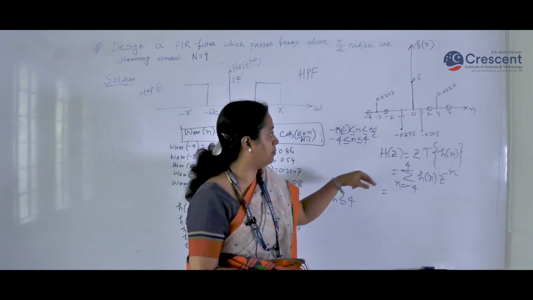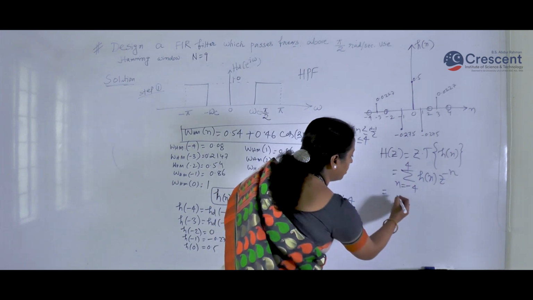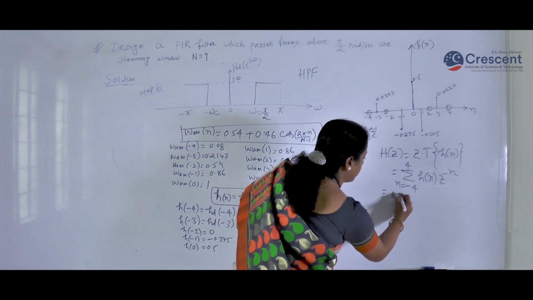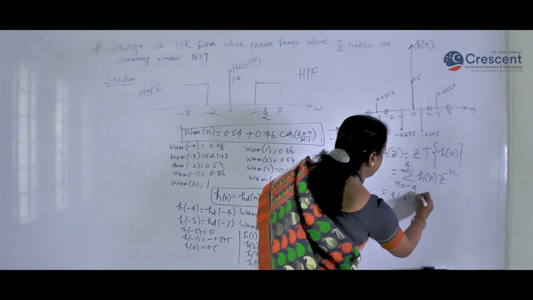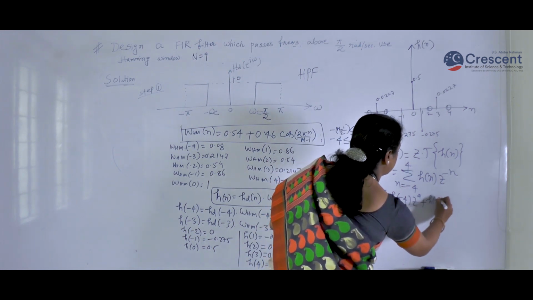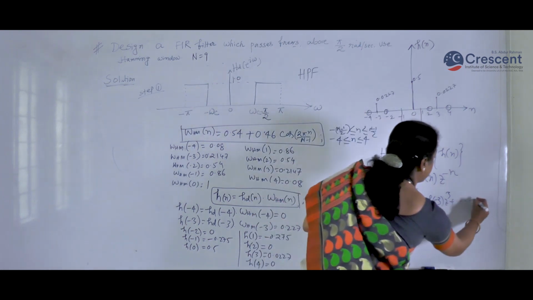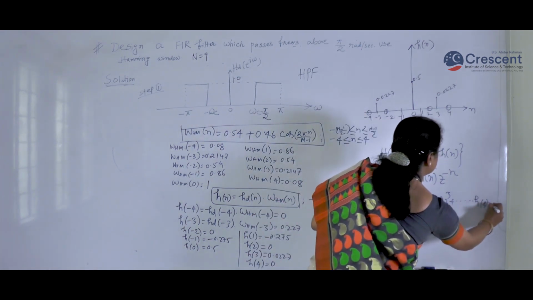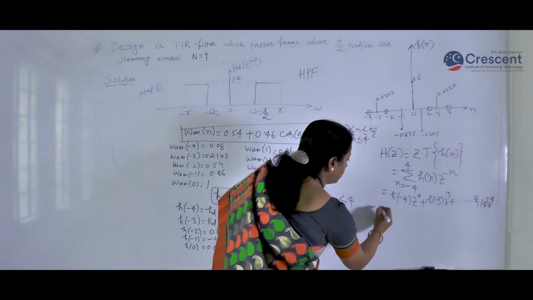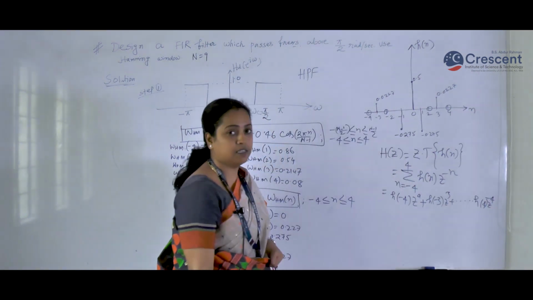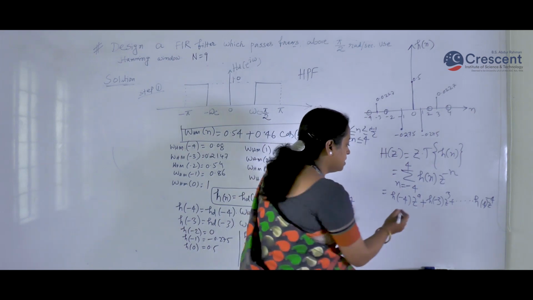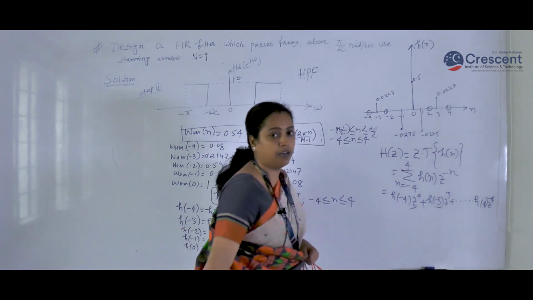Before that, let me find this H(z). According to this, when we substitute h(-4) z power 4 plus h(-3) z power 3 plus etc., the last value will be h(4) z power -4. Once we find the values, we can see that these terms cannot be realized in practice.